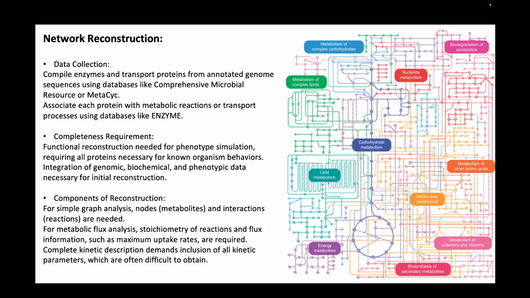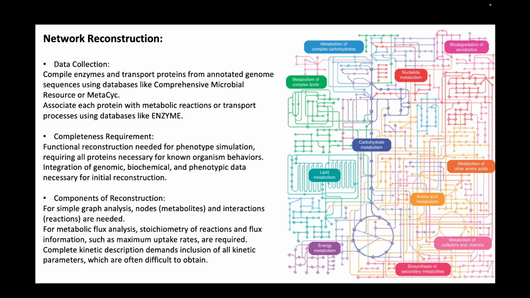Now, the idea is that you have to construct the metabolic network first and then do the analysis, right? There comes the concept of network reconstruction. So you compile the data, the enzymes, transport proteins from annotated genome sequences, from databases like Metasec or Comprehensive Microbial Resource or STRING or whatever, right?